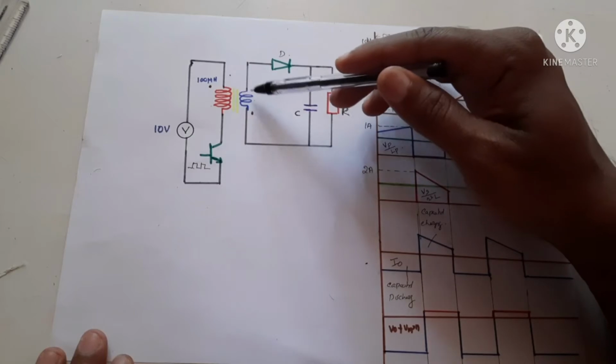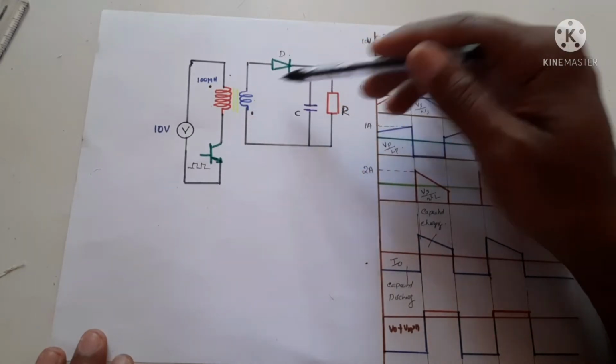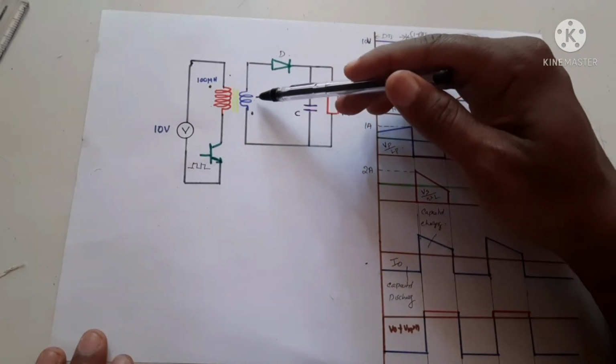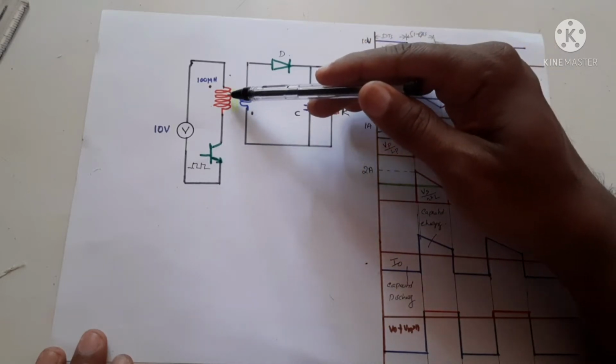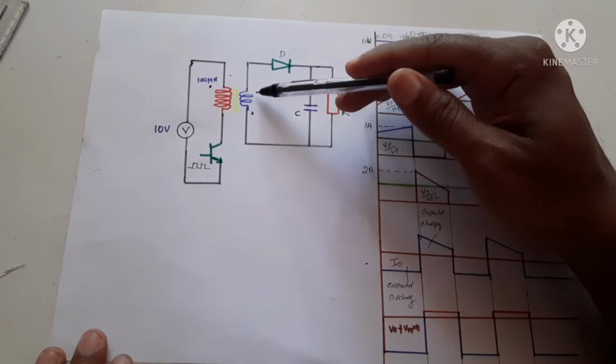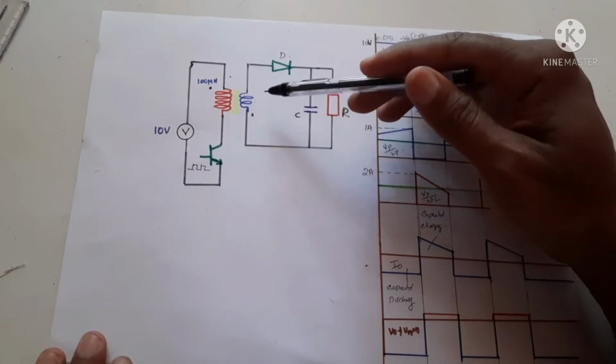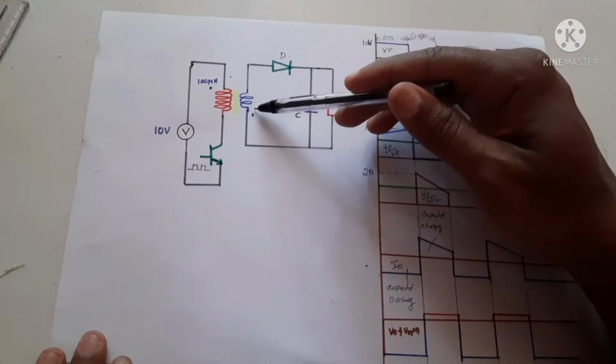So the ratio is 1 by 2. So 1 by 2 of the voltage will be across this when this is on. So when this is 10 volt, 1 by 2 of 10 volt means 5 volt will be at this point.